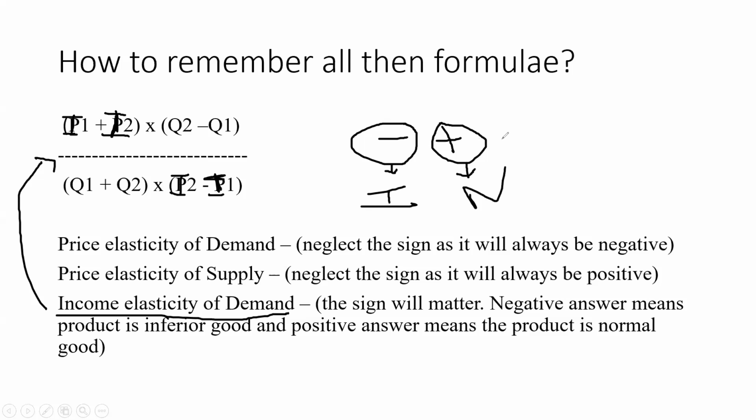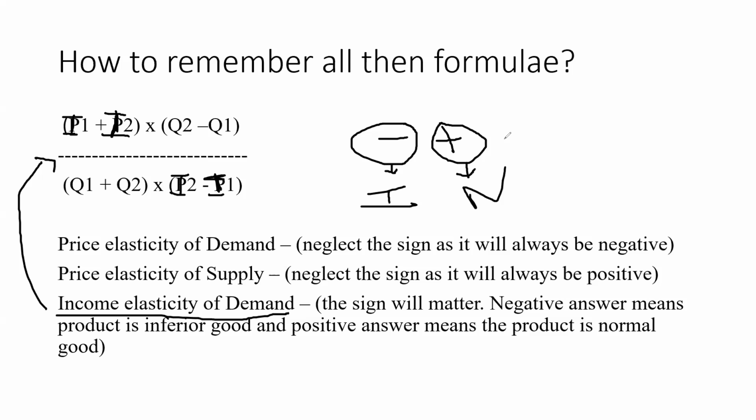Now, inferior and normal is very easy to understand. You see, if your income increases, what's the standard logic? The more you earn, the more you will buy. But sometimes, the more you earn, you would end up buying less of a particular product because you want to go for a better product. That product you were buying before was probably because you had budgetary constraints, or it was a compromise.